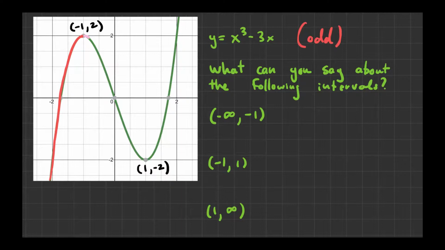I've got negative 1 to positive 1 from here to here. And then finally, I've got positive 1 to infinity. Okay? So I want you to think about how could you describe those intervals? Like what's happening on those intervals?